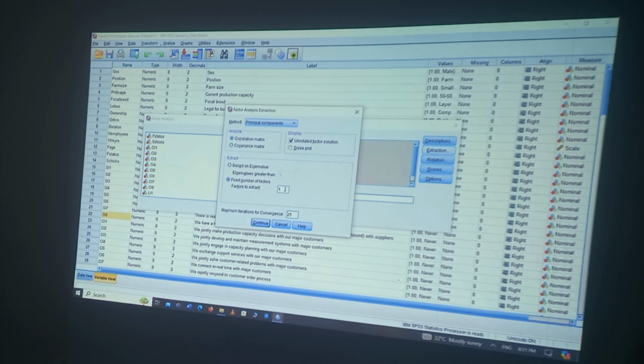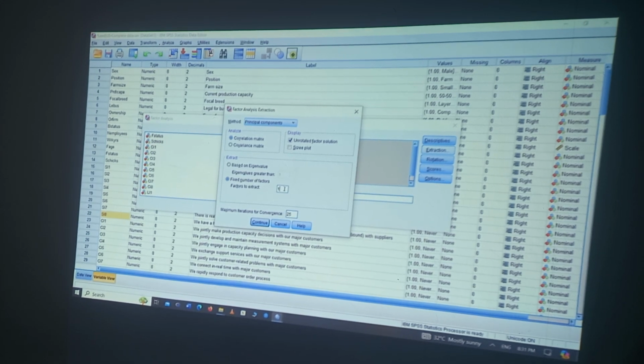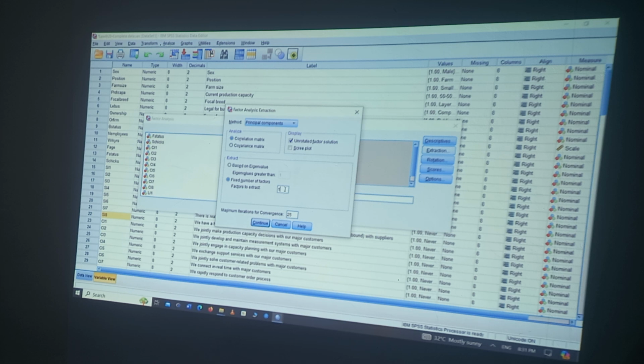I thought all these were under exploratory. No. That's fine. So this makes it confirmatory. When you came, I was telling you that I just wanted exploratory, but this makes it confirmatory factor analysis. So you go to Continue.